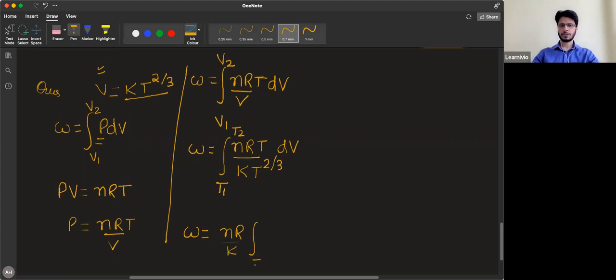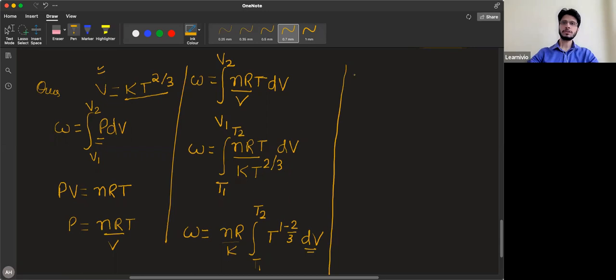We are left with the integral from T1 to T2 of T divided by T to the power 2 by 3, which is T to the power 1 minus 2 by 3, into dV. So now we have to substitute dV in terms of dT.